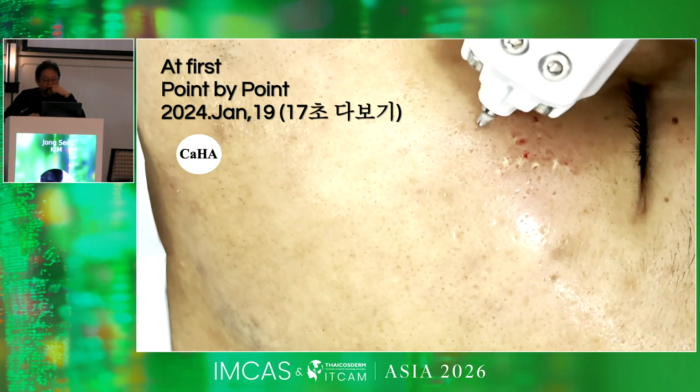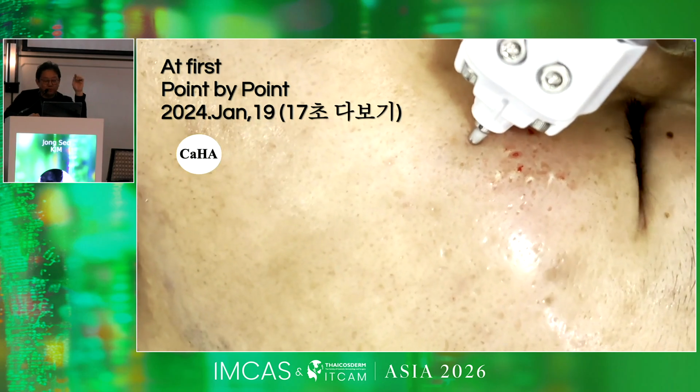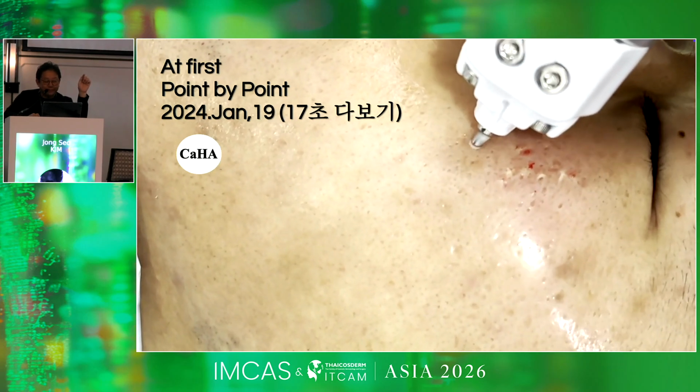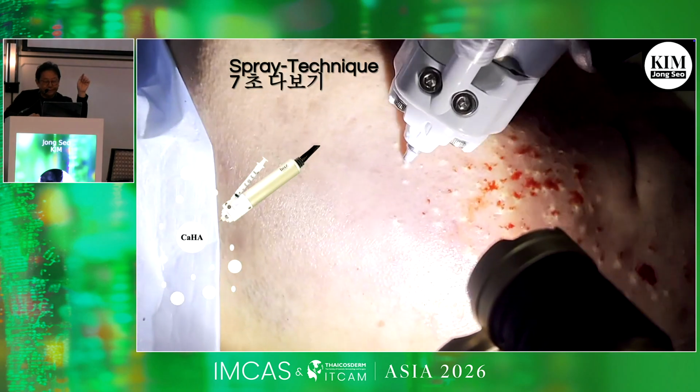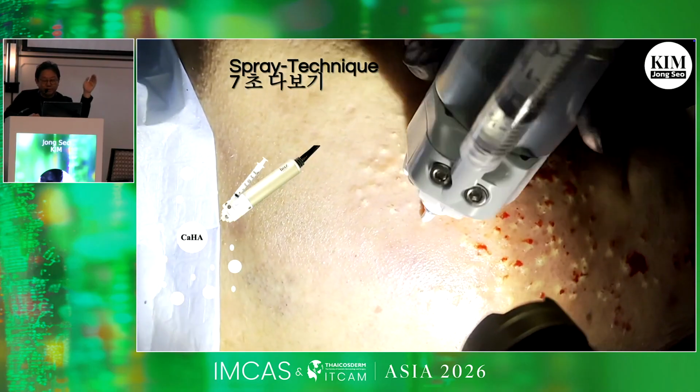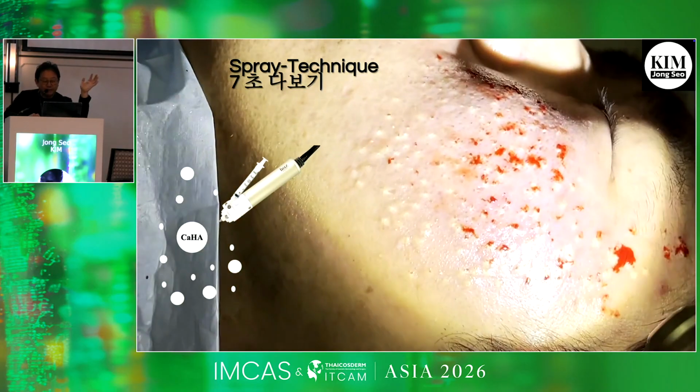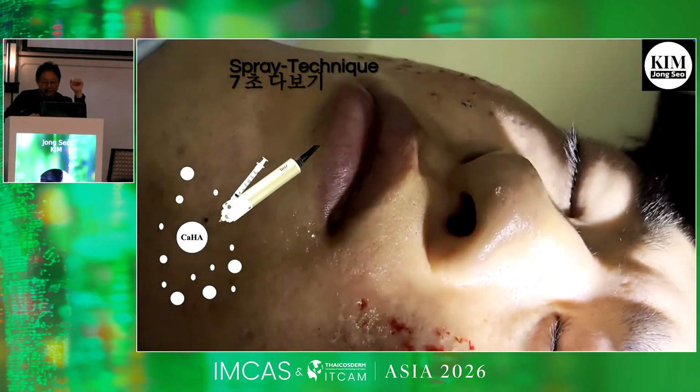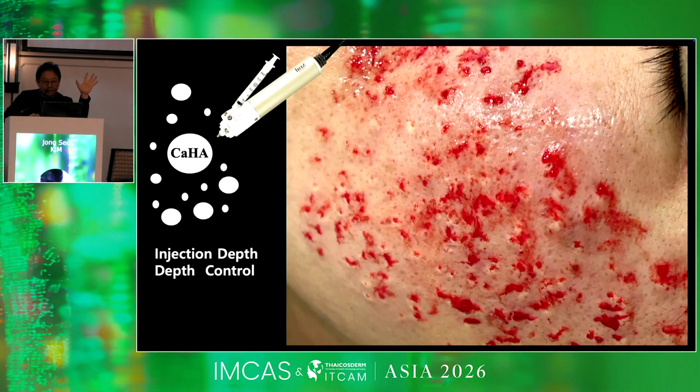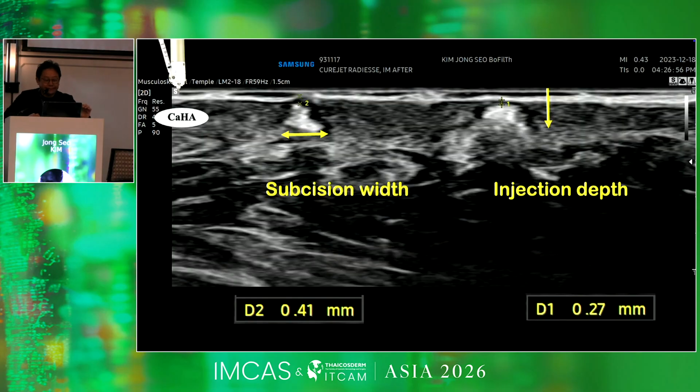Another case: I used the contact mode one by one with CAHA particle, and then spray mode over the whole face, 20 shots per second. This is very fast. Immediately after, I injected 30,000 shots for 5 minutes.